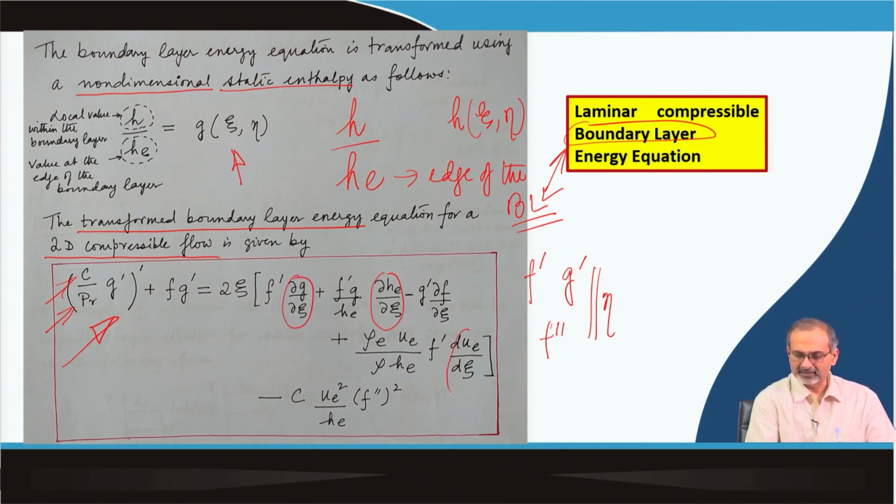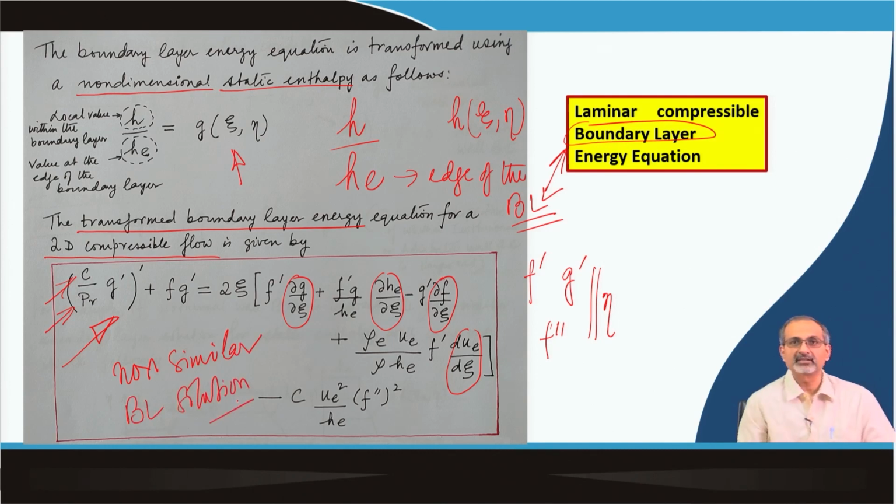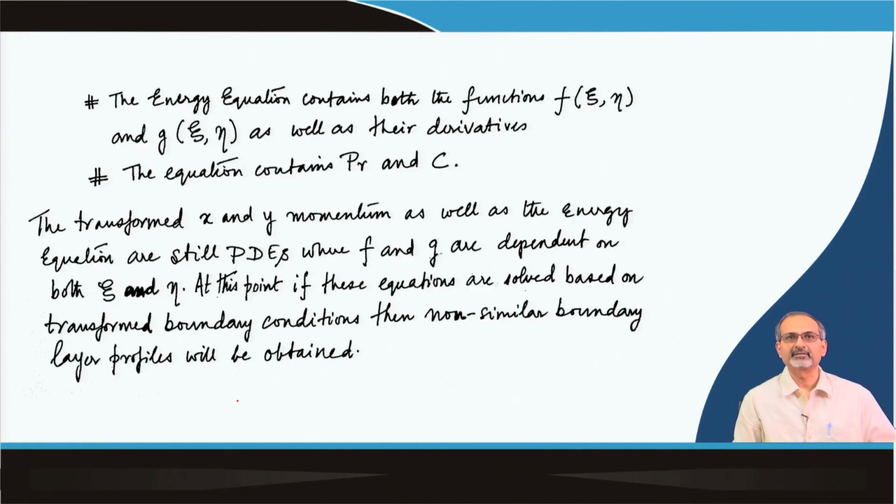But whenever you see terms like these, which are derivatives with respect to xi, it goes without saying that if you are to solve these equations, you will inevitably get a non-similar boundary layer solution, though in the transformed space, because you are now solving the problem in the xi eta coordinates instead of x y coordinates.